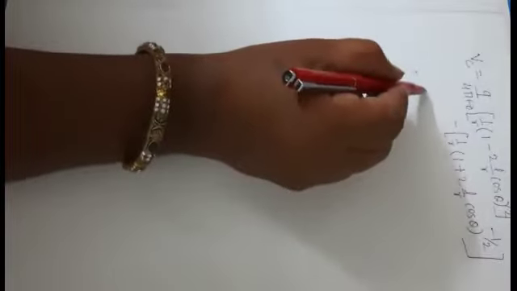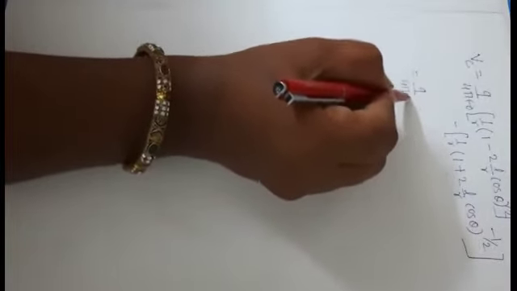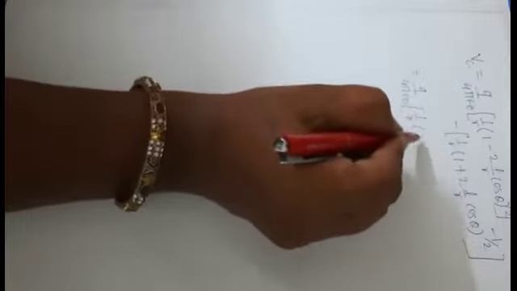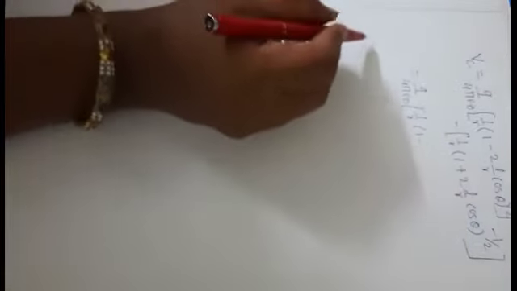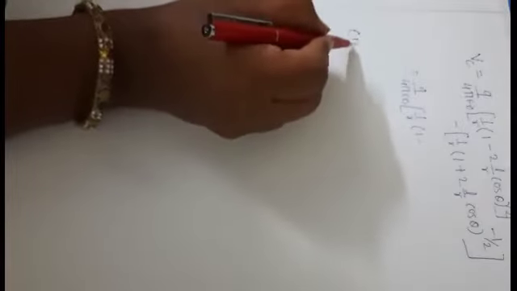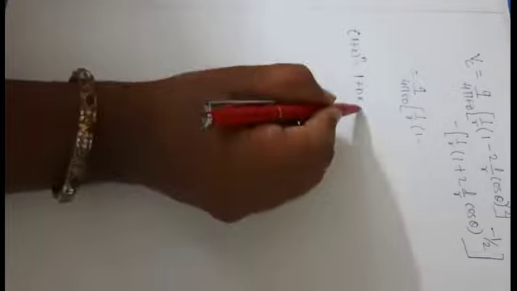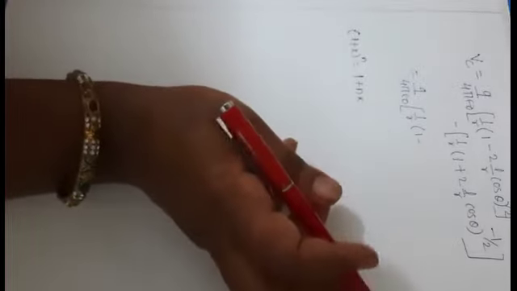Then here, q upon 4 pi epsilon 0 times 1 upon r. Here we take the formula (1 plus x) raised to n is equal to 1 plus nx, where higher order terms can be neglected.